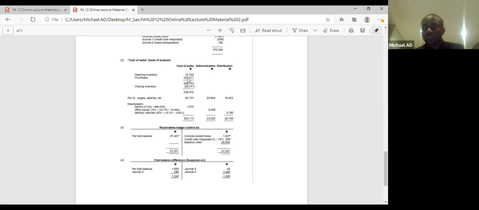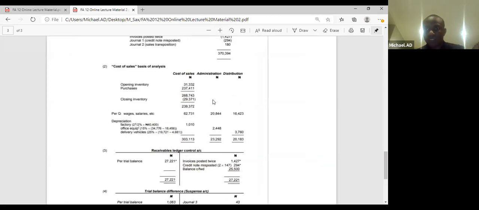Opening plus your purchases gives you 268,743. Your closing inventory of 29,371 less it, you have 239,372 naira. However, we have some wages and we have depreciation.